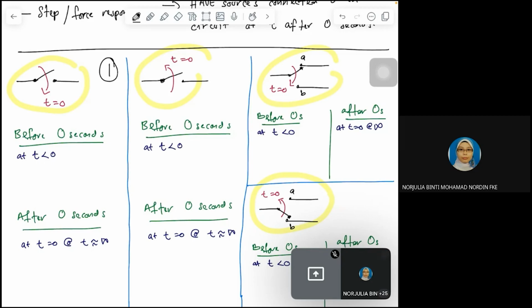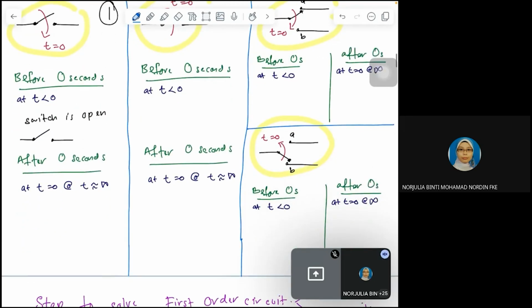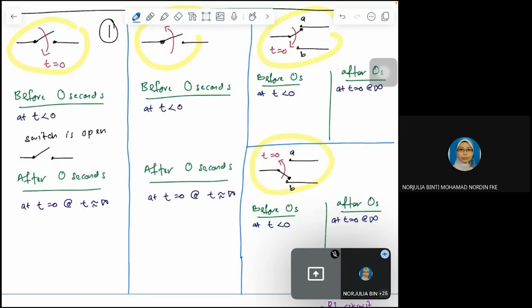So before zero, the switch is open, and it will look like this. But after zero, for the first configuration of the switch, the switch will be closed.